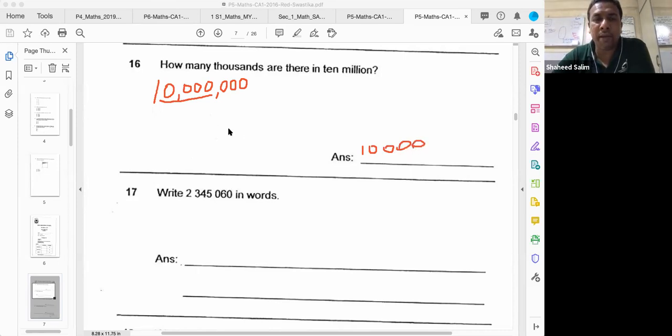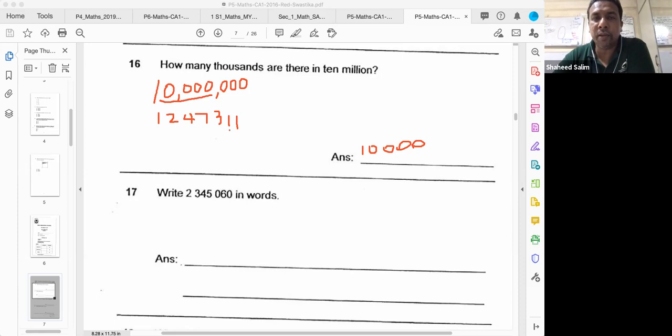If they ask you how many, let's say I give you the number 1,247,311. If they ask you how many tens are there, you count ones, tens. Then you underline from here to here.